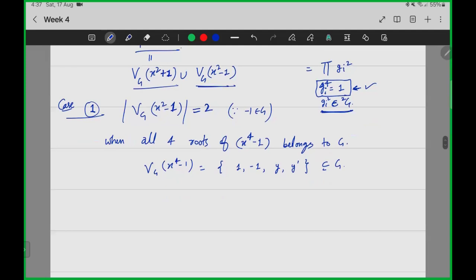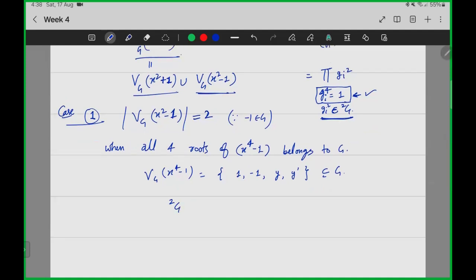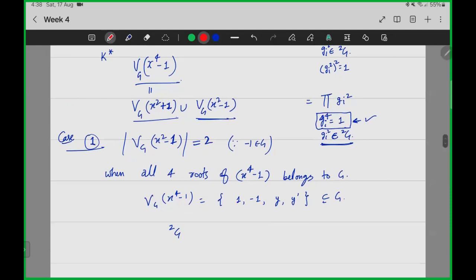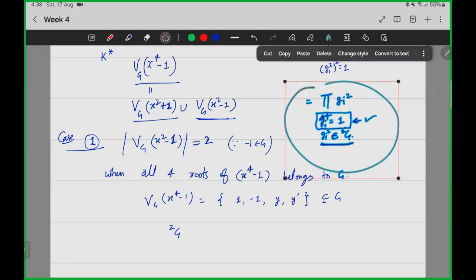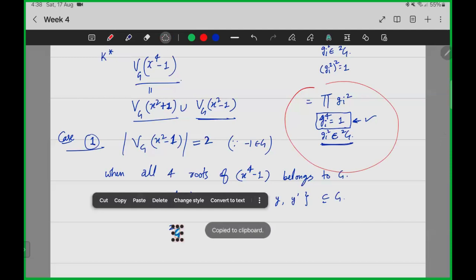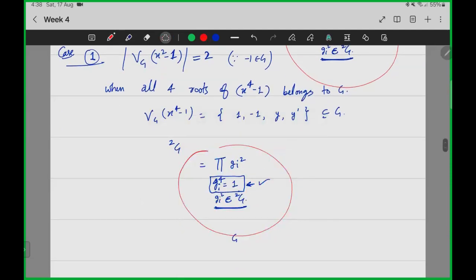Then we have to take squares of these things. What will be this product? There are only 4 terms in the product, and we have to take squares of them.